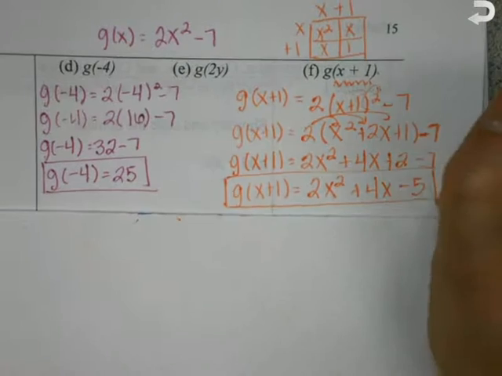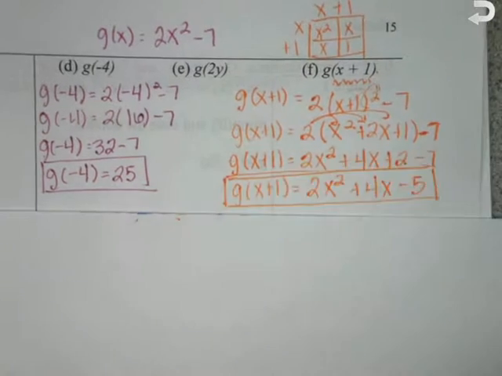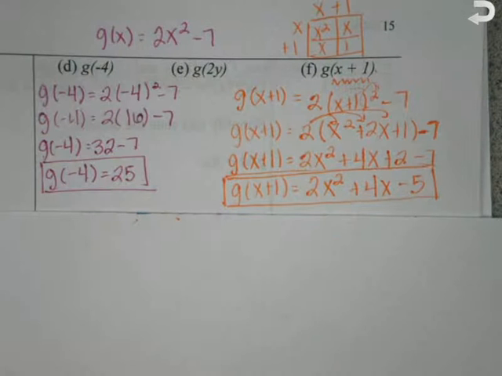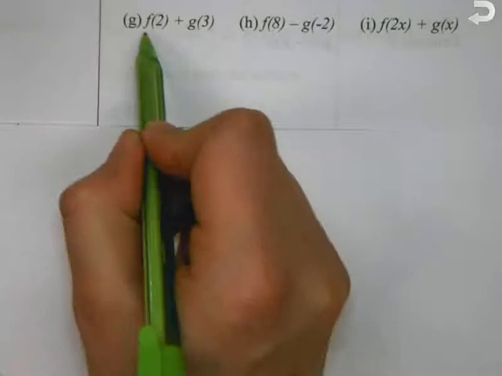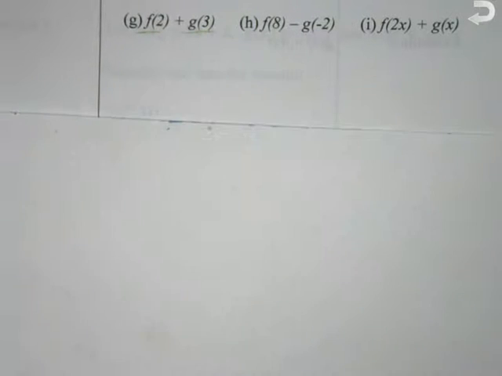Okay, f of 2 plus g of 3. Now I'm taking both functions. These are still the same ones that I gave you at the beginning, but I want to add them together. What do you think I need to do very first before I can do anything else? Do you know what f of 2 is?